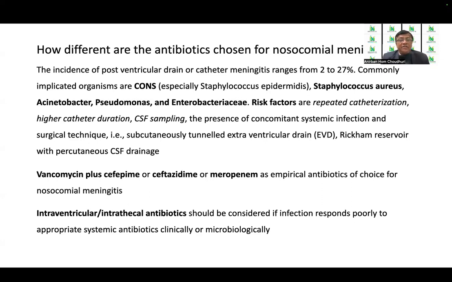And the common organisms are coagulase negative staph, Staph aureus, Acinetobacter, Pseudomonas, and the Enterobacteriaceae. So risk factors include repeated catheterization, long duration of catheter, CSF sampling, presence of concomitant systemic infection and surgical technique, etc. So here, vancomycin plus cefepime or ceftazidime or meropenem is the empiric antibiotic of choice, because here we primarily have to cover the gram-negative organisms.